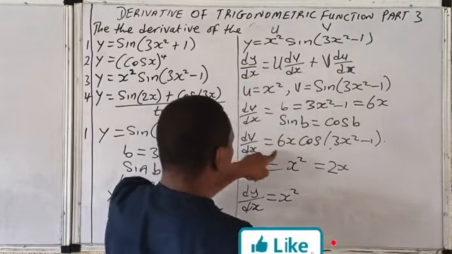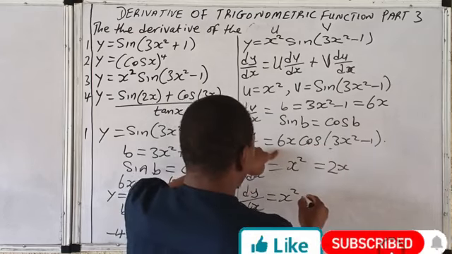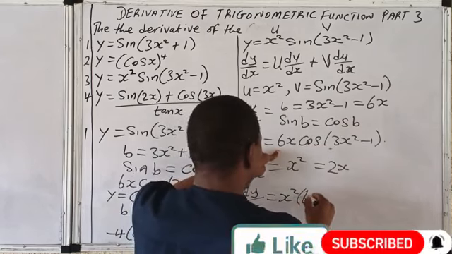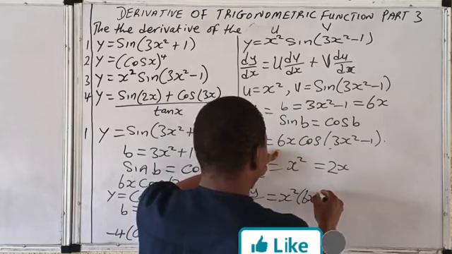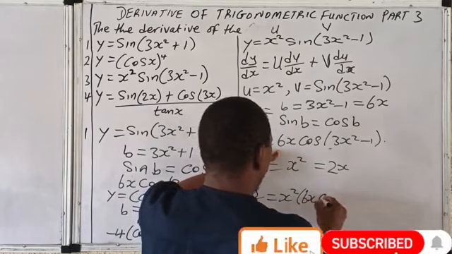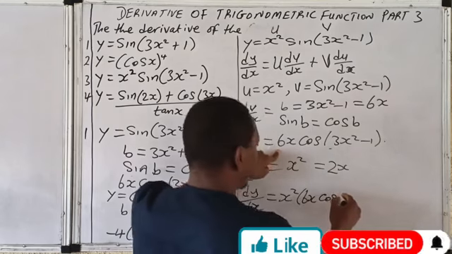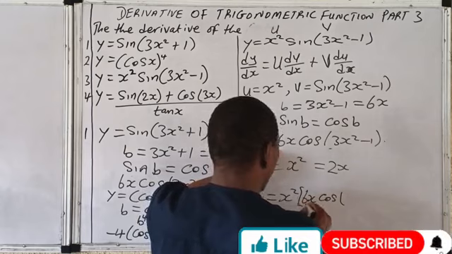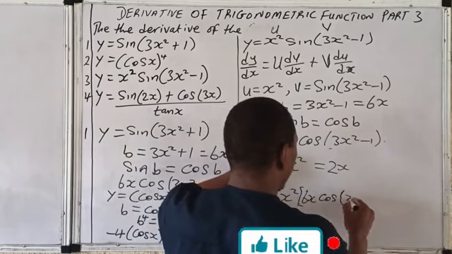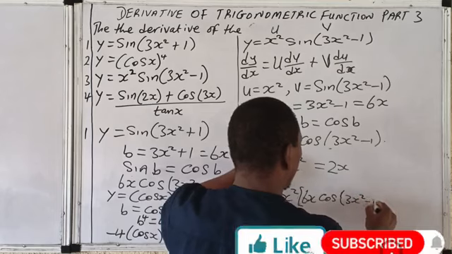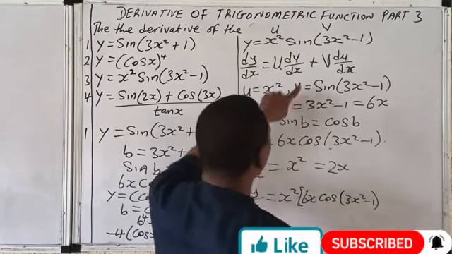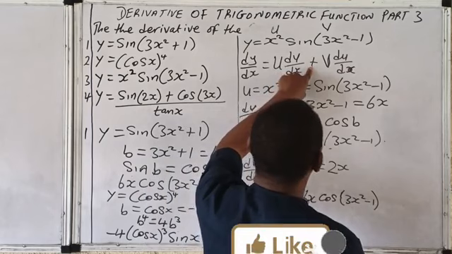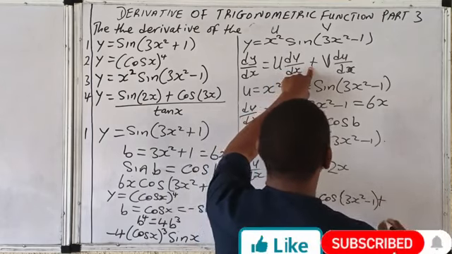When we differentiated v, what did you get? x squared bracket 6x cos bracket, let's use a bigger bracket here, cos 3x squared minus 1, followed by plus v.